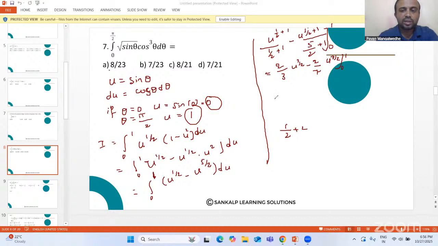So evaluating this limit, we get 2 by 3 into 1 raised to 3 by 2 minus 2 by 7 into 1 raised to 7 by 2, minus the lower limit, that is 0. Wherever u is there, put 0.